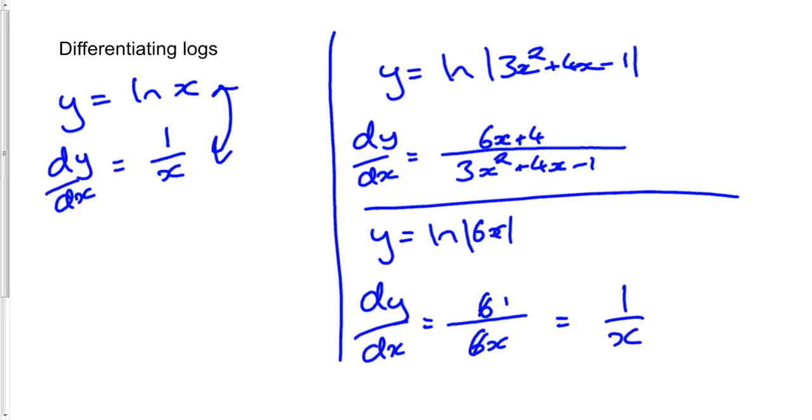So if you ever have a function which is log of something times x, that always goes back to this one here, which is 1 over x. But just on the safe side, if we're differentiating a log of 6x, I'd always write the 6x on the bottom, differentiate it, write that on the top, and then simplify it out.